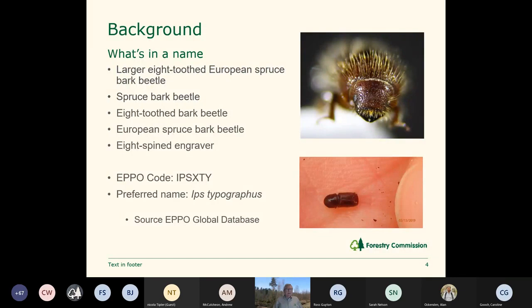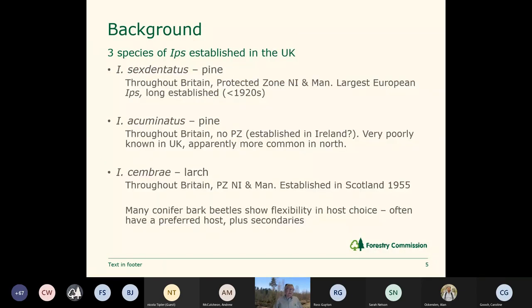We have 3 species of Ips established in the UK, present either in part or most of the UK, and they are generally bumbling along without too much impact. There's surveillance and consideration for how behaviour might change in respect to changing climate and conditions, particularly around Ips cembrae. But we are aware of these beetles, and there's ongoing surveillance for them.